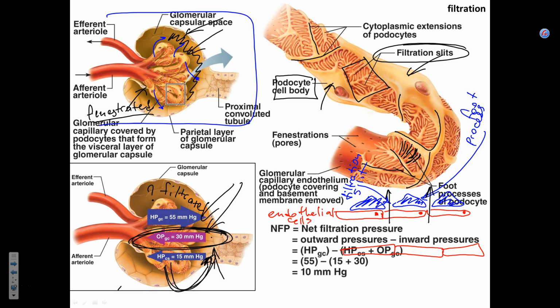Imagine that you have a filter of sorts and you decide to filter the water that comes out of your garden hose, okay? And you put that filter on at the end of the garden hose and you start opening the water. And it says on the filter, I don't know, it works until 3 bar pressure.